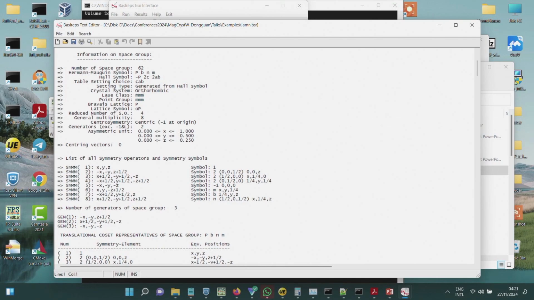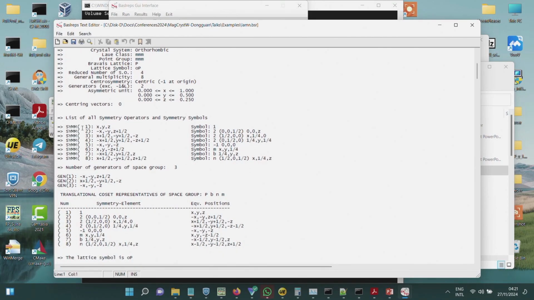You see here, this is the Pbnm. This is the corresponding Hall symbol, and the setting that we generate from the Hall symbol. Here, this is what we are using. And then we have the symmetry operators here in the Jones faithful way, just x, y, z. And here you have the symmetry elements.